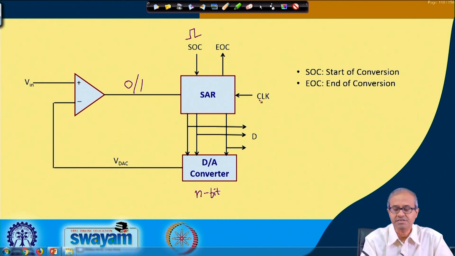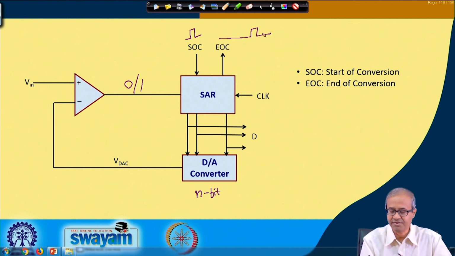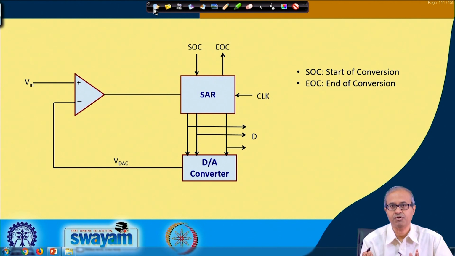After n clock pulses, this end of conversion signal will be made high. So, any device outside will know that my AD conversion is over. Now, I can read the value of D. Okay. This is how it works. Simple in concept, but very flexible and very fast. This requires only n number of clock pulses.